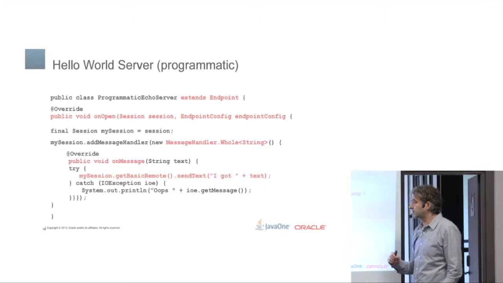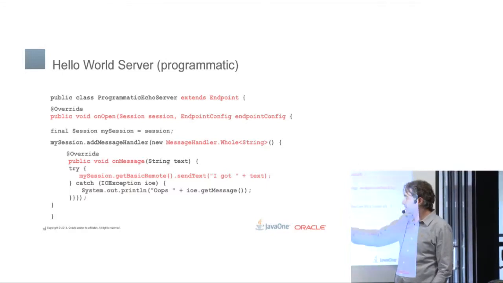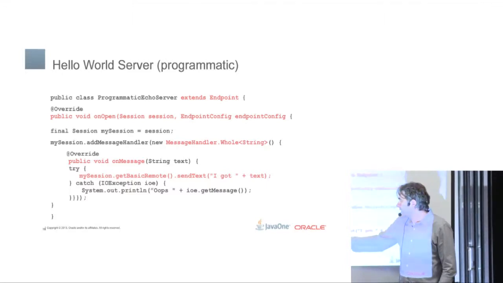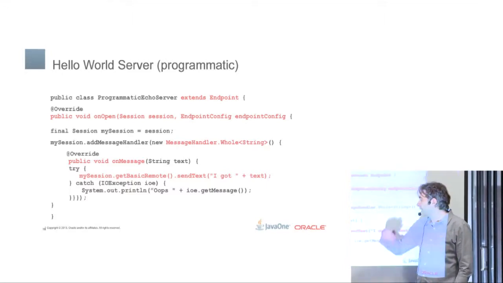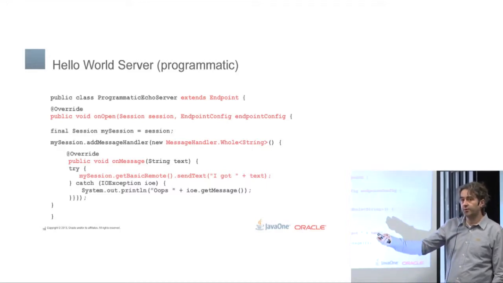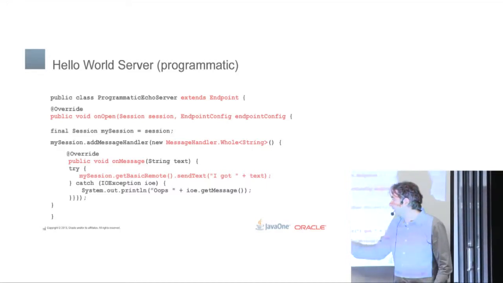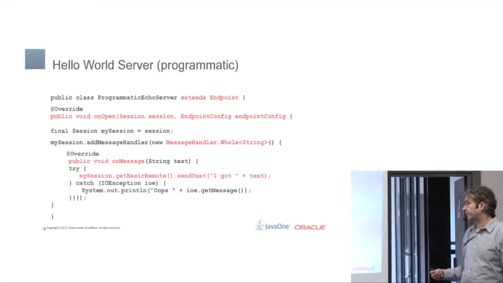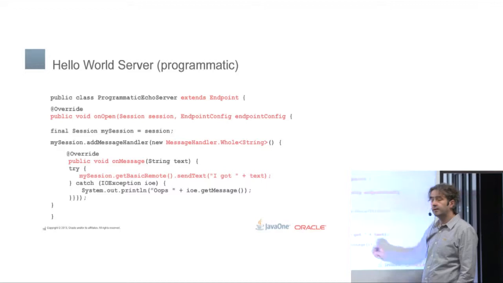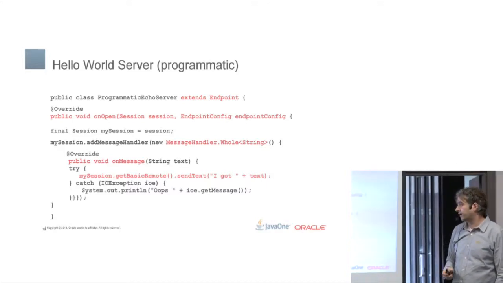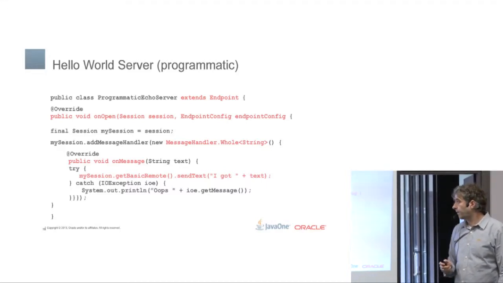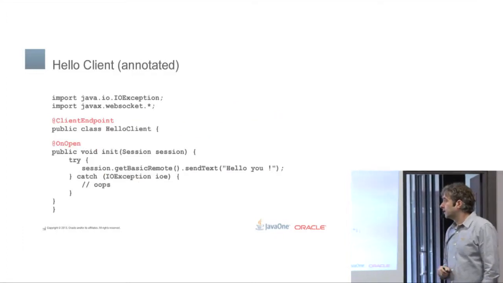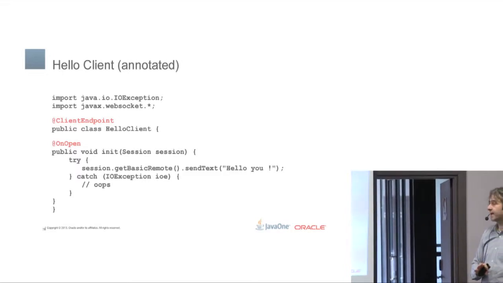So whenever there is a new message coming in, I take the payload, which happens to be text-based. I need to send back the information to the remote endpoint. So from the session, I do a getBasicRemote to get the corresponding remote endpoint, and I just send it the text payload I got. So that was the code for the backend side.